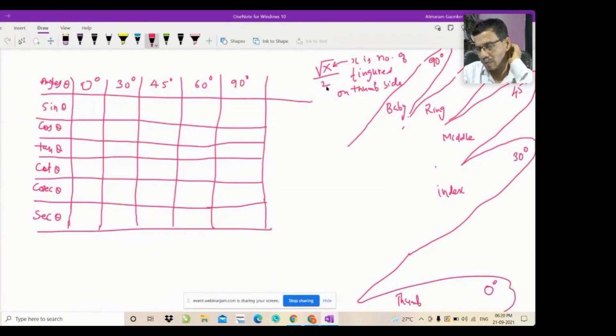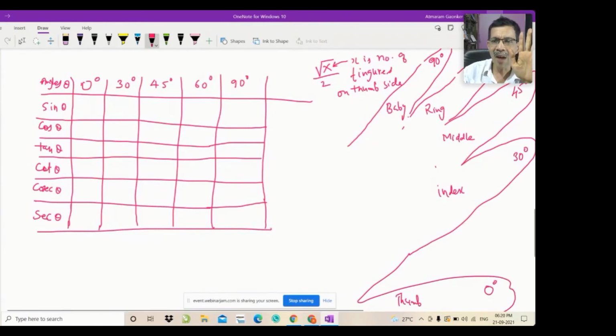Now let us begin. Please raise your left hand palm. Can you see how I have raised it? Just see how I have raised it. Just raise your left hand palm like you are showing a hand to someone. Once you do that, first you bend your thumb.